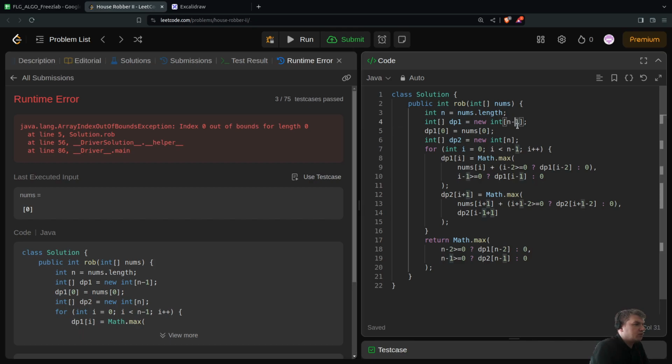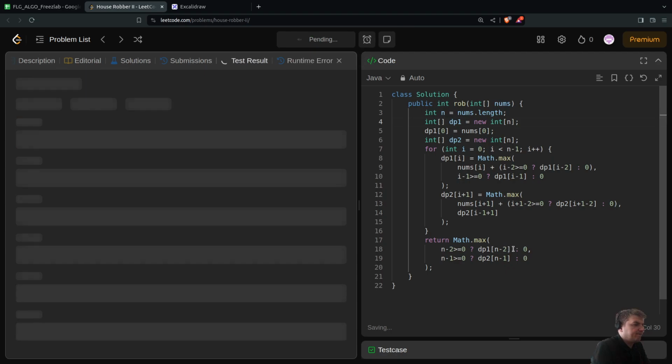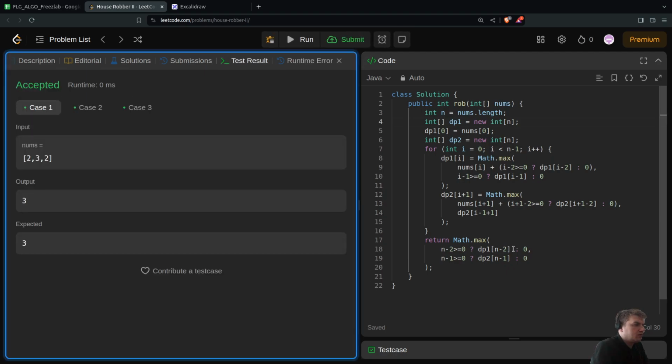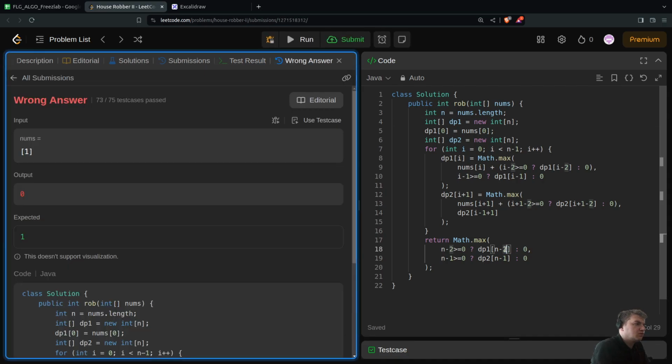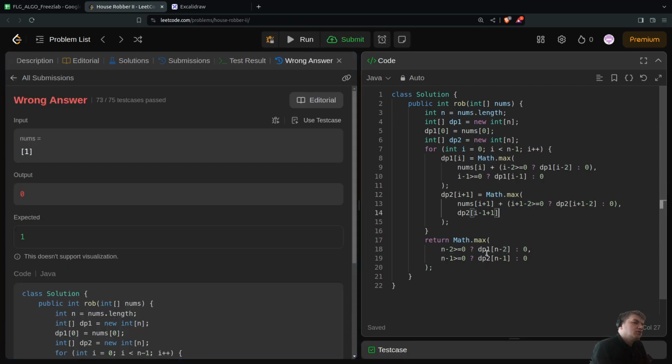And minus 1. Okay, let's create an. And here also n minus 2.